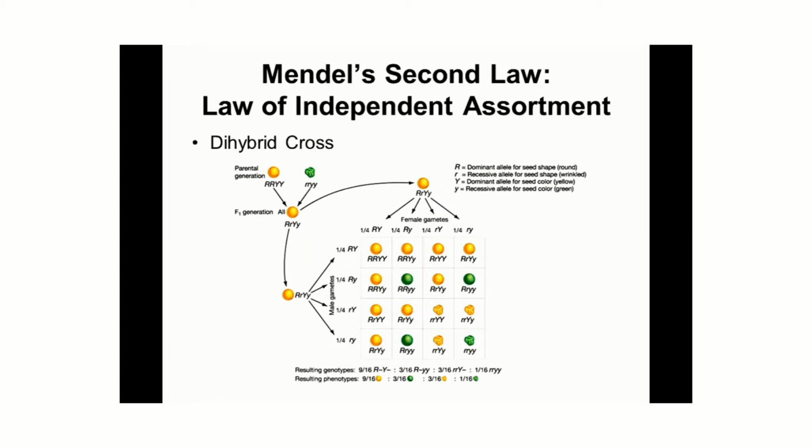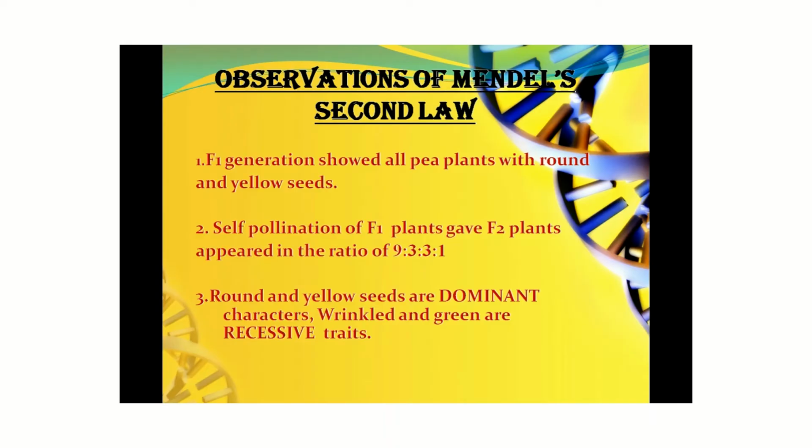So here Mendel arrived at his phenotypic ratio, 9 is to 3 is to 3 is to 1, where 9 is for round and yellow, 3 for round and green, 3 for wrinkled and yellow, and 1 for wrinkled and green. So that is how we had these possibilities, and we'll quickly see that working after this.